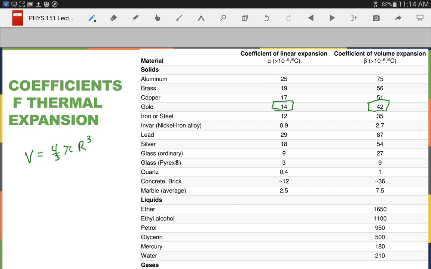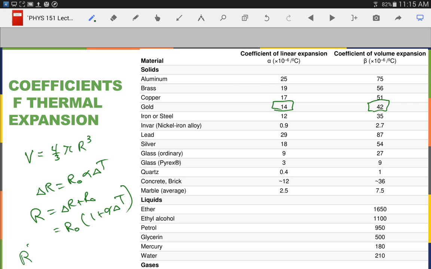So if the radius is going to grow, according to my equation, delta R is equal to the initial R times alpha delta T, then my R is equal to delta R plus the R initial, which comes out to be R initial times 1 plus alpha delta T. So if that's the radius, then radius cubed is equal to the initial radius cubed times, and I have to cube this, 1 plus alpha delta T.